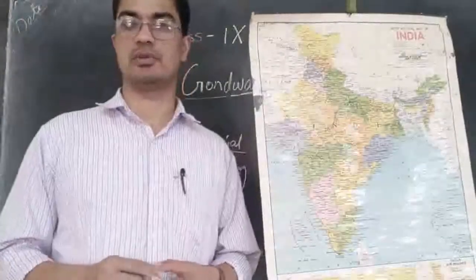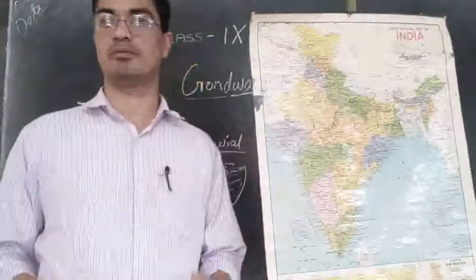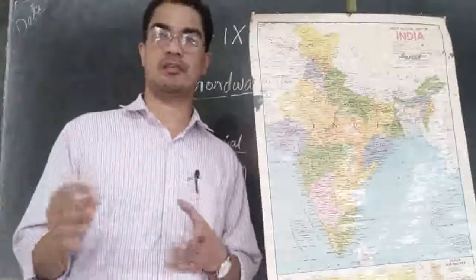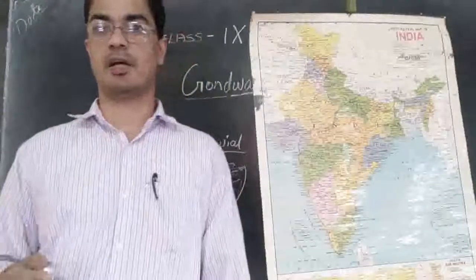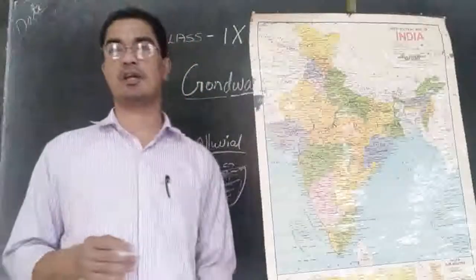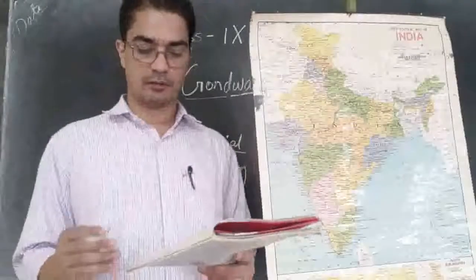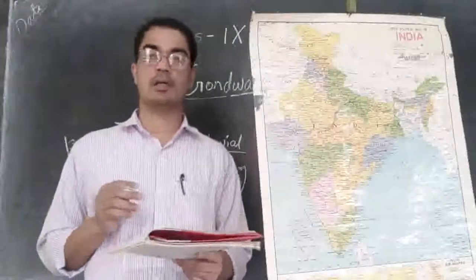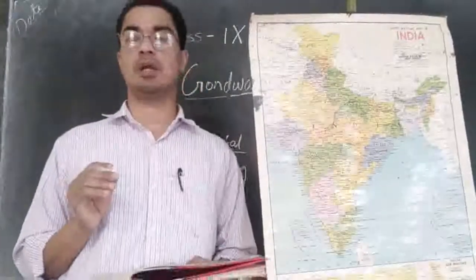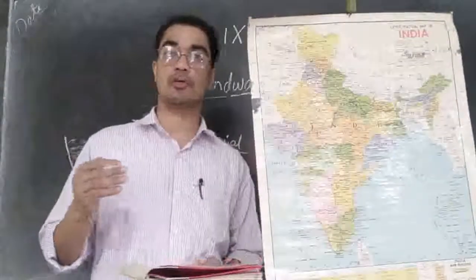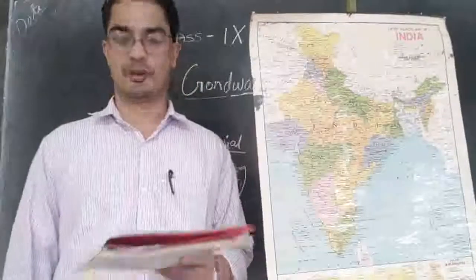No place of India is the same. There are different varieties of land and different features in our country. We will be studying all those things in the coming days. For today we say that India has great physical variation, a lot of differences in the physical features of our country.